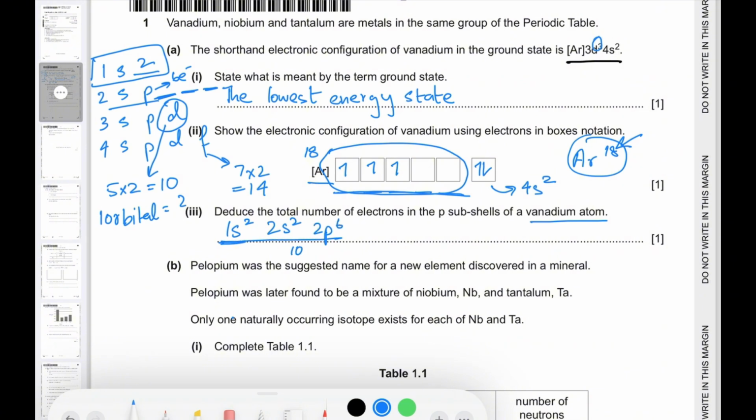Then the next orbital closer in energy would be 3s2, that's 12 electrons. Now you're left with 6 electrons, which will be occupied by the 3p orbital. As you can see, you've got 6 plus 6, that's a total of 12 electrons in the p subshells of the vanadium atom. You don't need to write the electronic configuration, that was just for explanation purposes.